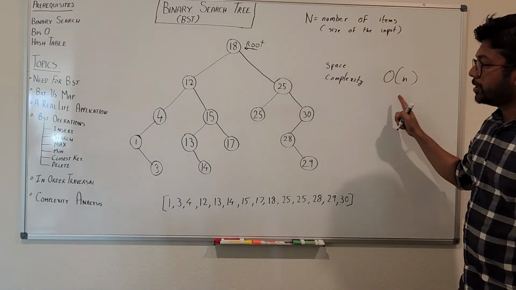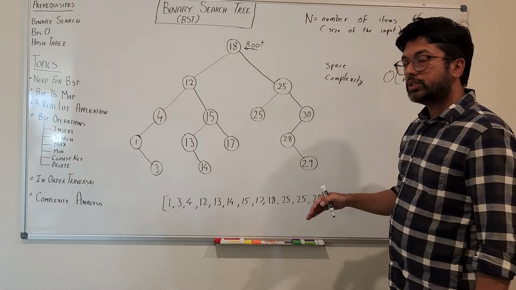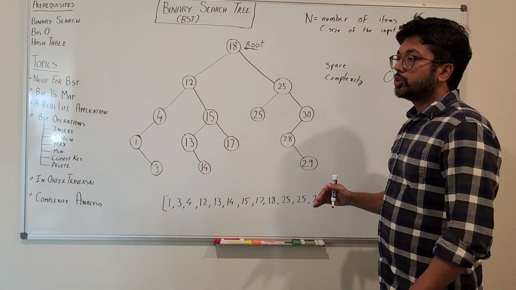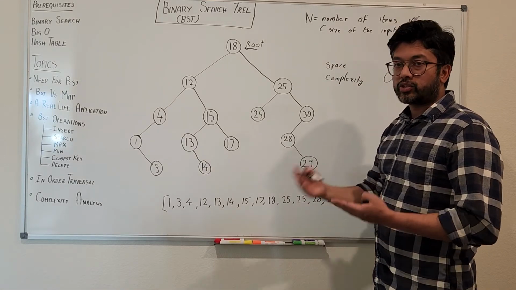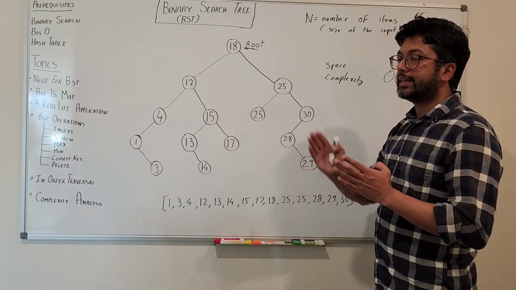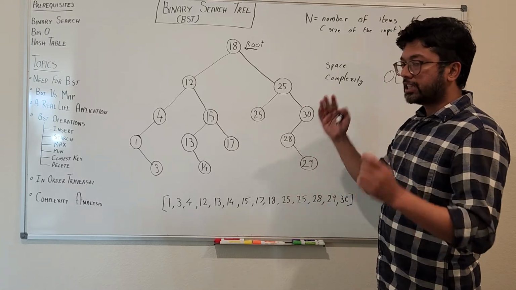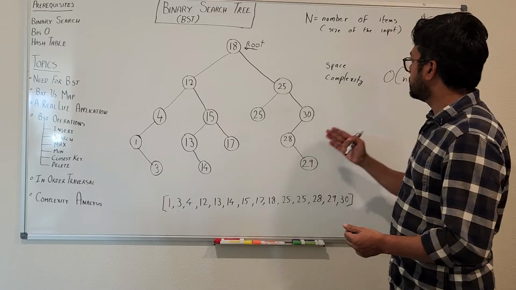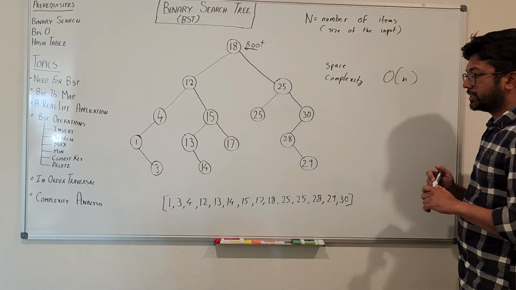It's big O of n because you need as many nodes as the number of items. You don't have to calculate the actual memory used, you just have to relate it to n. As much n, that many nodes. So big O of n is the space complexity.